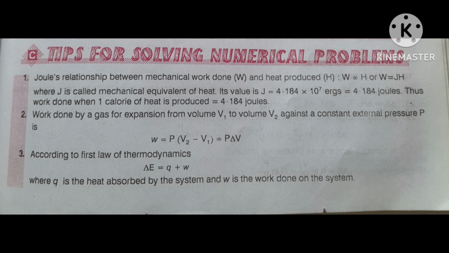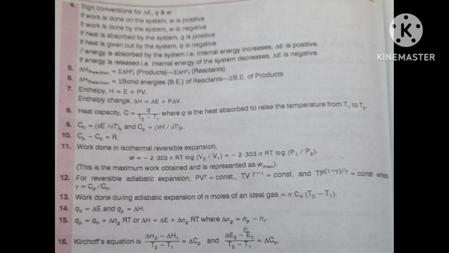But if you want to tell it in terms of heat of formation, then that time you have to say product minus reactant, which means standard heat of formation of products minus standard heat of formation of reactants. Correct? Generally it is product minus reactant. Only in terms of bond energy, it is reactant minus product.